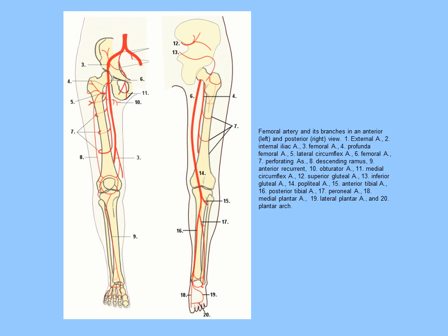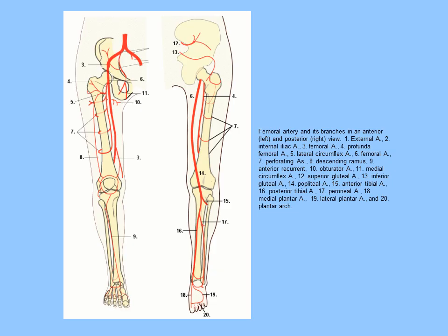The femoral artery courses down the anterior thigh with the femoral vein and the saphenous nerve deep to the sartorius, where it then goes through the adductor hiatus to become popliteal in the posterior knee.